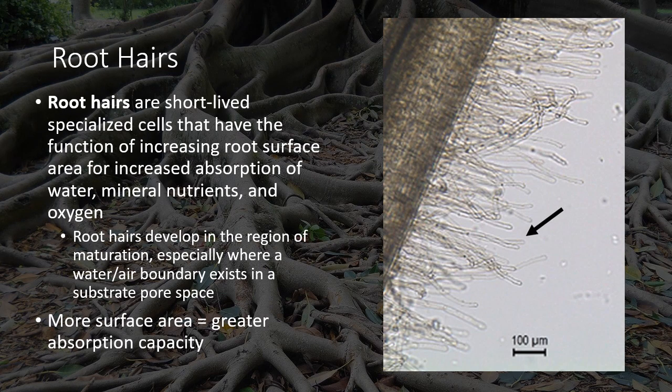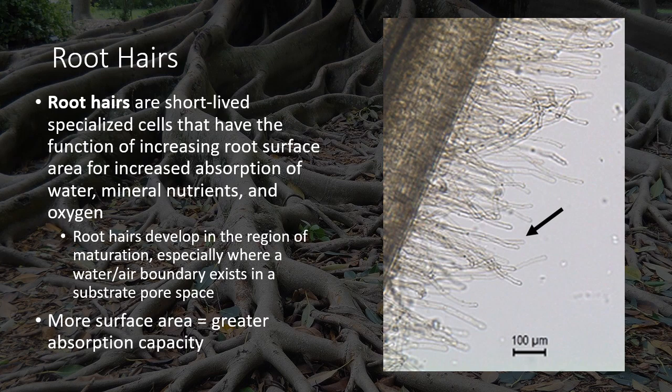Root hairs are single cells that have a very unusual shape. The root hair cells grow out from the epidermis of the root, and in doing so, they vastly increase the available surface area of the root for absorption of water, mineral nutrients, and oxygen.